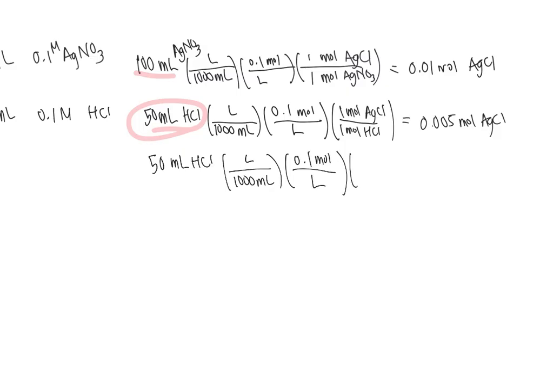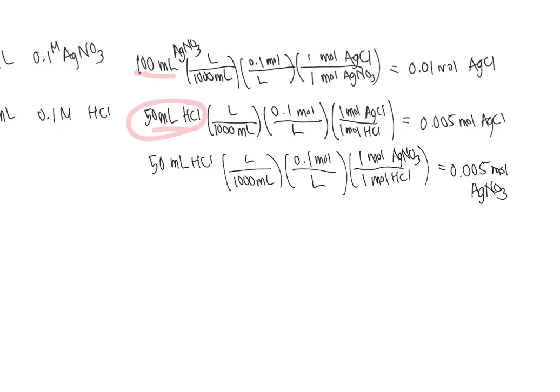And then we go from moles of HCl. 1 mole of HCl is 1 mole of silver nitrate, meaning that 0.005 moles of silver nitrate are actually reacting.